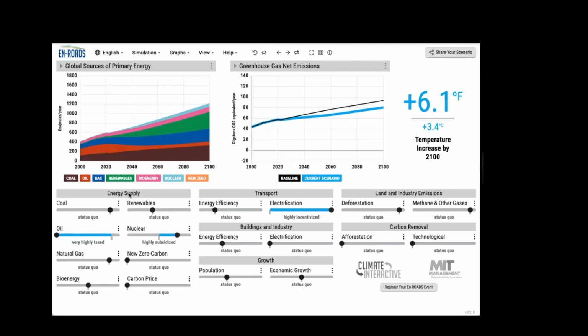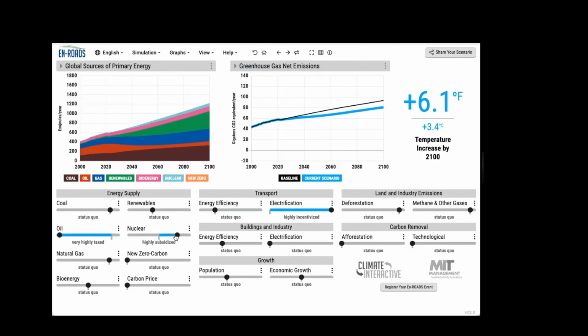And you can see here, actually, let me do this one at a time. If we highly tax oil, we see it goes down, and what you see is there's a little bit of increase in renewables, an increase in natural gas here.